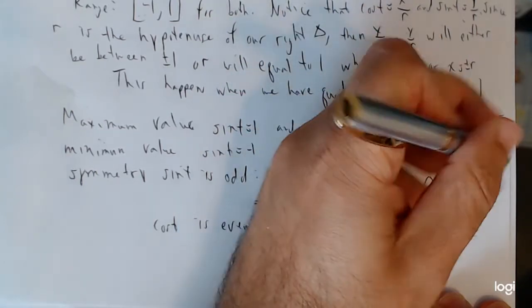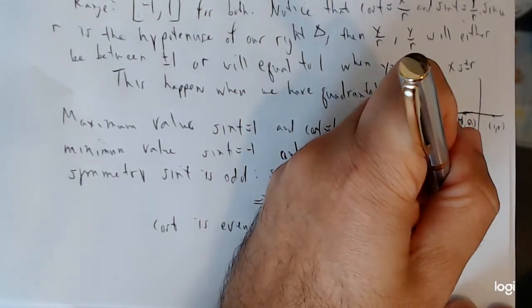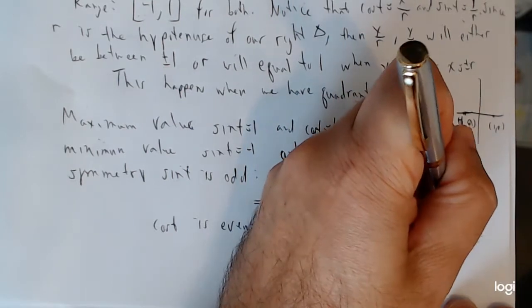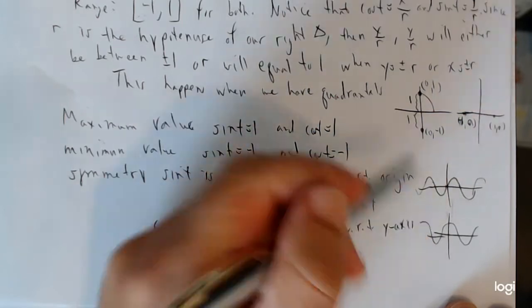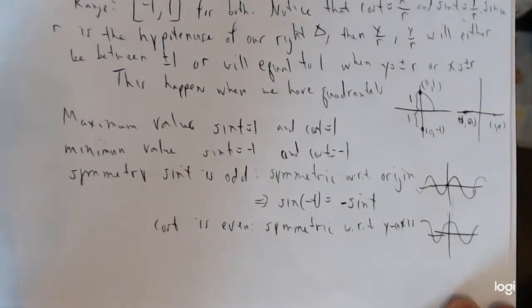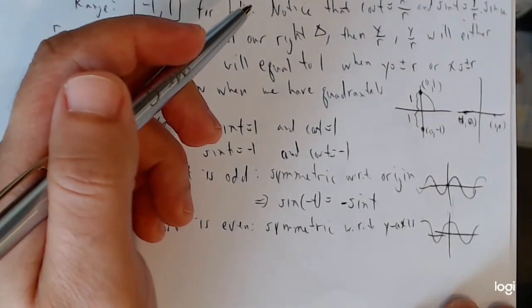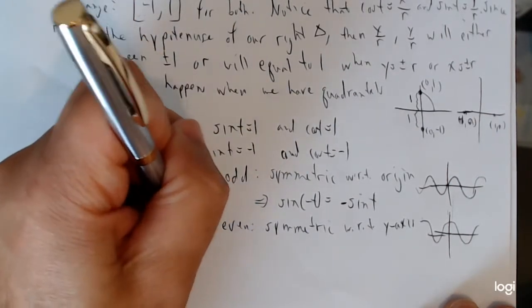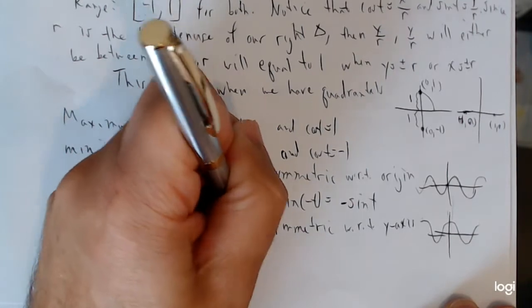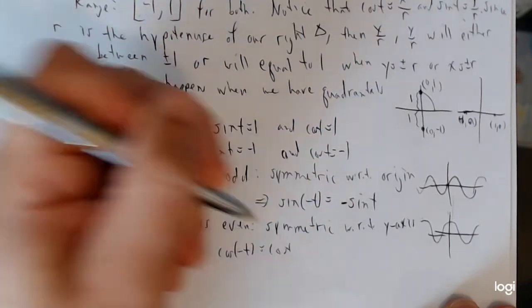So when we graph it, the y-axis is kind of like the axis of symmetry, so it's like a mirror. The y-axis mirrors this. That implies that if it's even, cosine of negative t is equal to cosine of t.